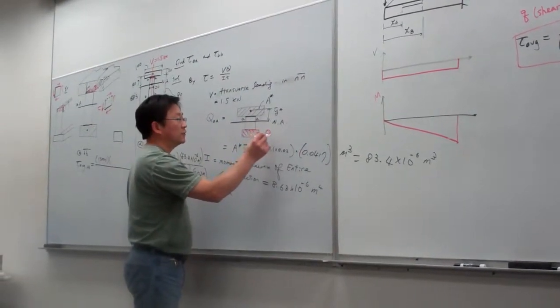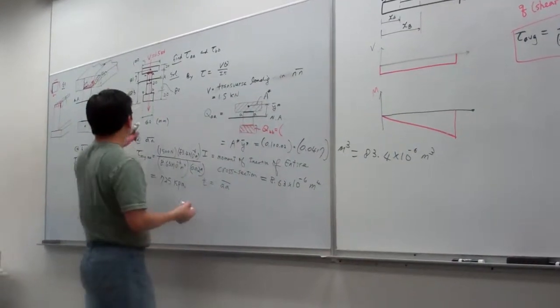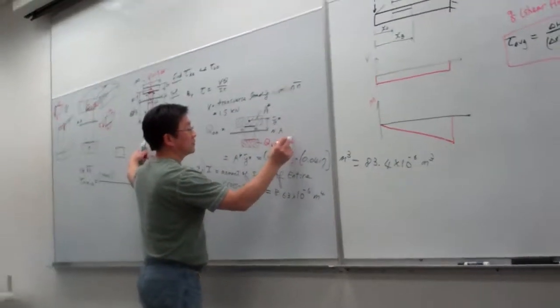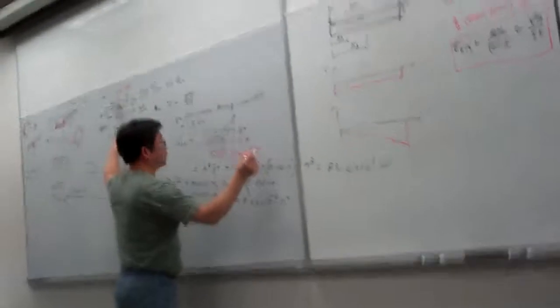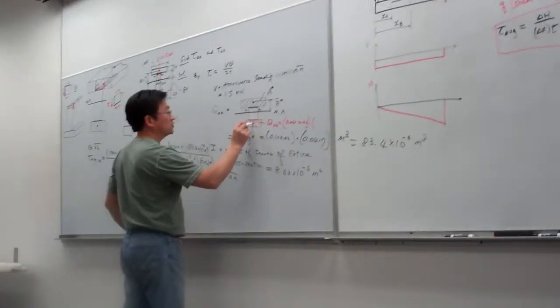So the Q for BB will be equal to the area 0.06 times 0.02 times this one.